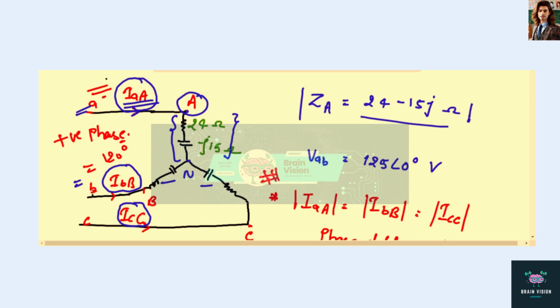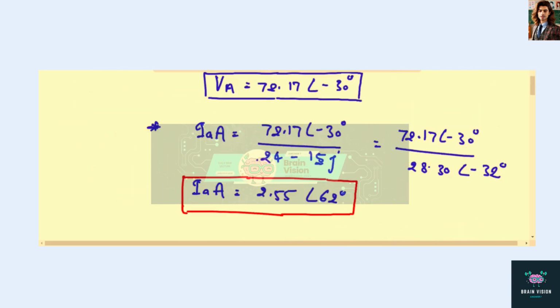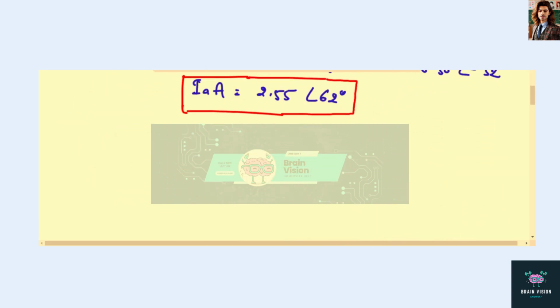So I_bB has the same magnitude, 2.55, and is leading by 120 degrees. The final value will be 2.55 angle 182 degrees amperes. So this is the value of I_bB.